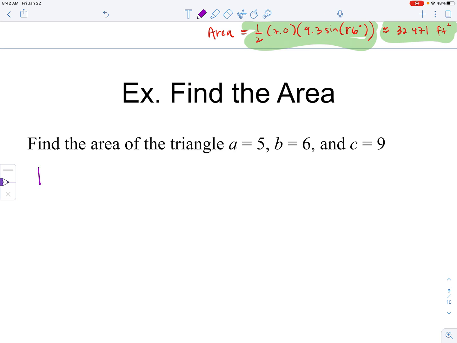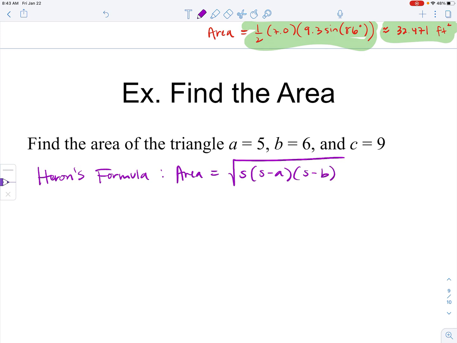Okay, now for side, side, side. When you know all 3 sides of a triangle, you can use something called Heron's formula, which, if you have Heron's formula memorized or you have it programmed into your calculator, which I'll try and find the program and share it with you, so if you want to put it into your calculator, you can, then the area of a triangle, when you know all 3 sides, is equal to the square root of S times S minus A times S minus B times S minus C. And you're probably like, well, what is S?